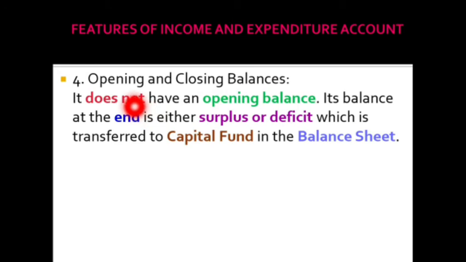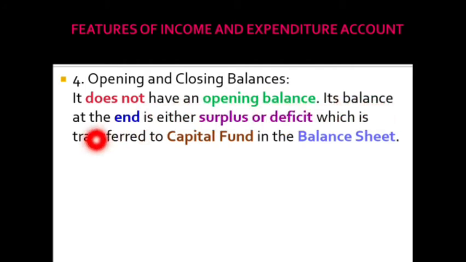Fourth point is opening and closing balance. We saw that in receipt and payment account we have balance brought down and carried down. But in case of income and expenditure, we do not have an opening balance.